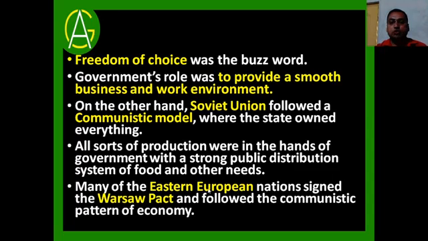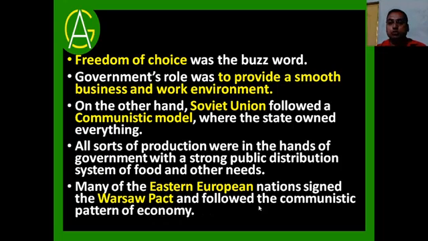Many Eastern European nations signed the Warsaw Pact. Warsaw is the city of Poland and pact means agreement. An agreement was signed in this city by European countries. What was this agreement? This agreement was to follow the communistic pattern of the economy.